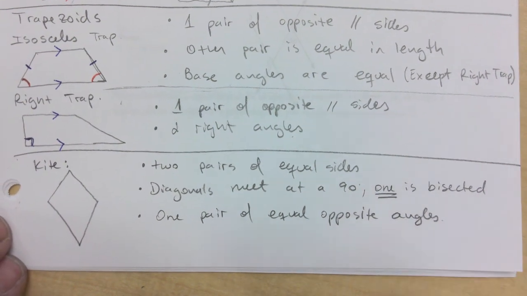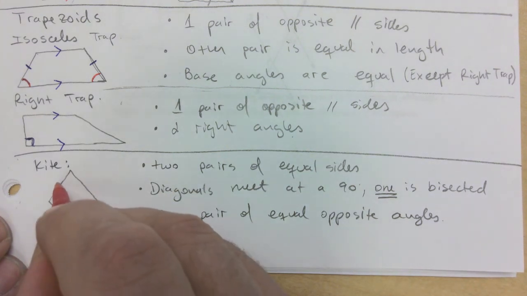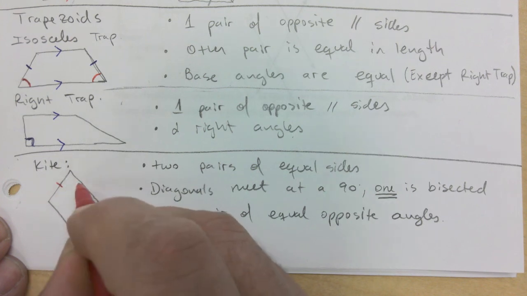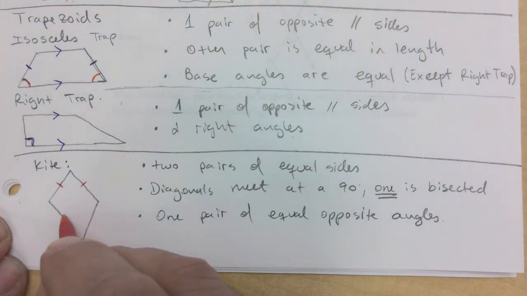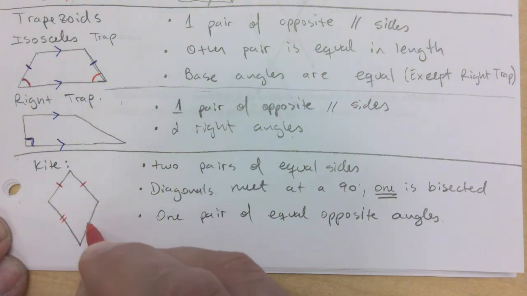And then we have the markings. So this side is going to be equal to this side. This longer side here is going to be equal to this side.